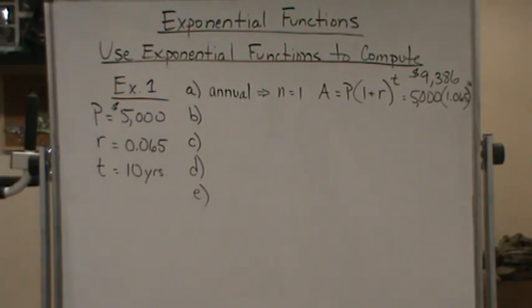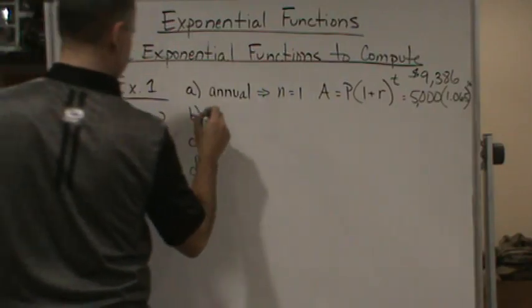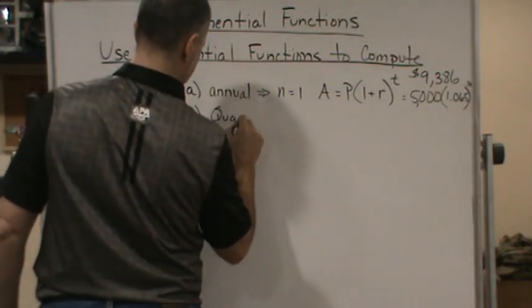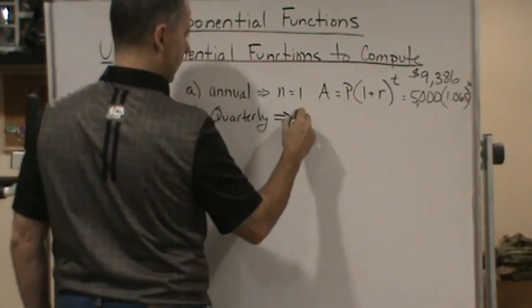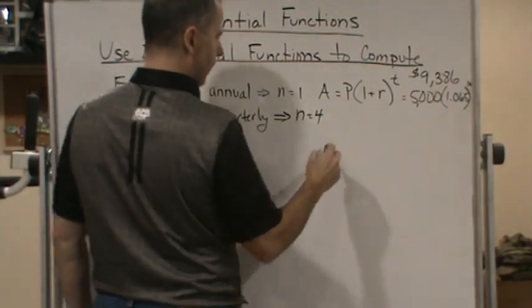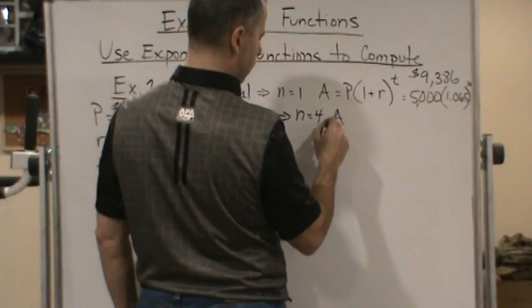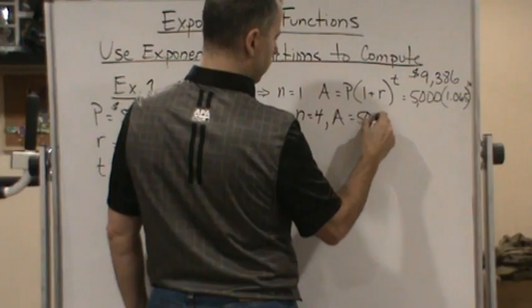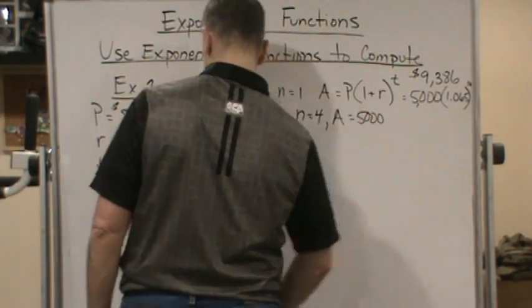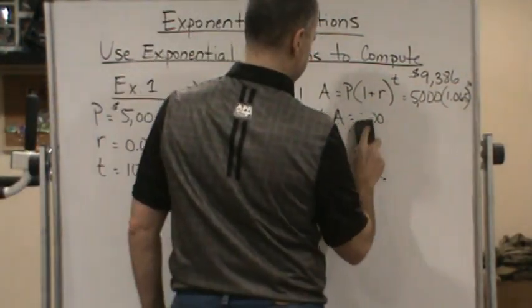Now for part B, they say, let's do the compounding quarterly. That tells us that n is equal to 4. Let's write out the formula.